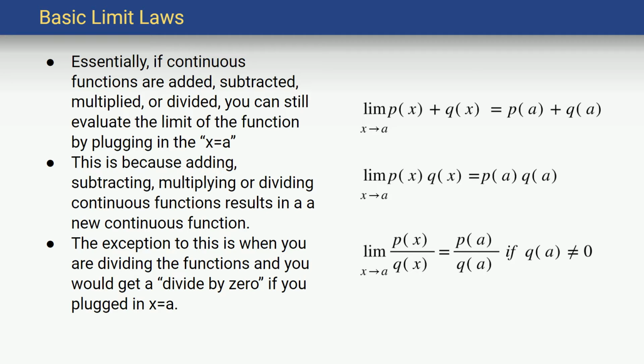That means that if you were previously evaluating the limit of a continuous function by plugging in x equals a, you can still evaluate the limit by plugging in x equals a if you multiply two continuous functions together, or divide them, or add them, or subtract them.